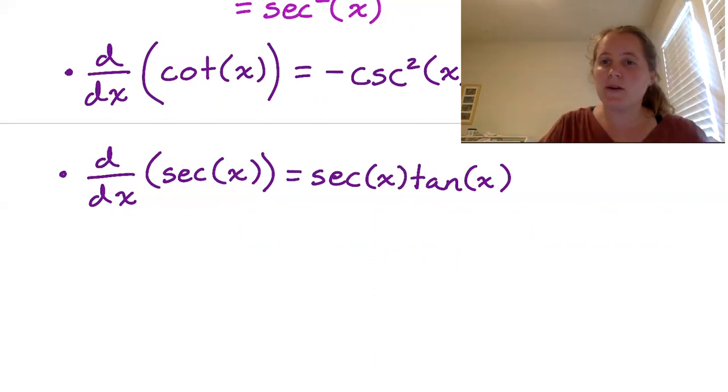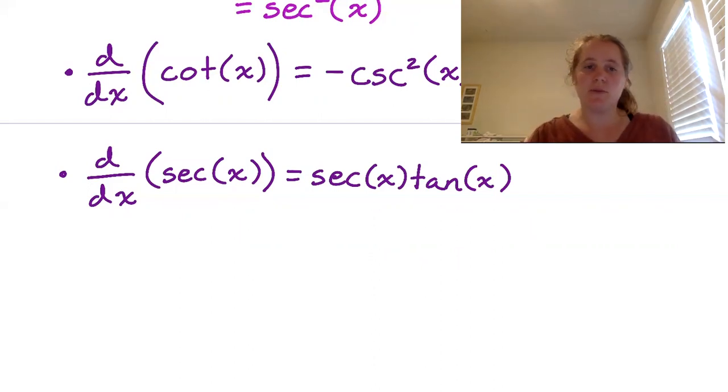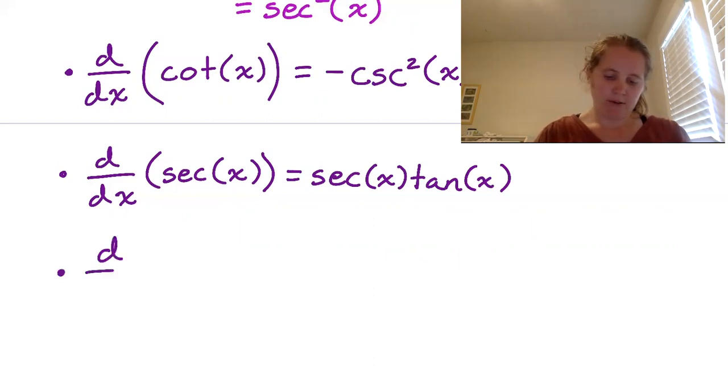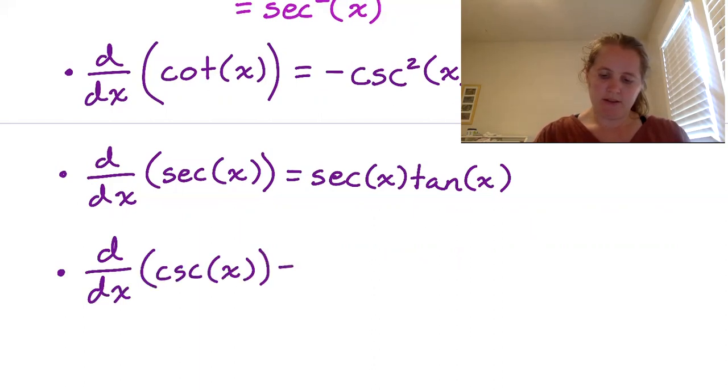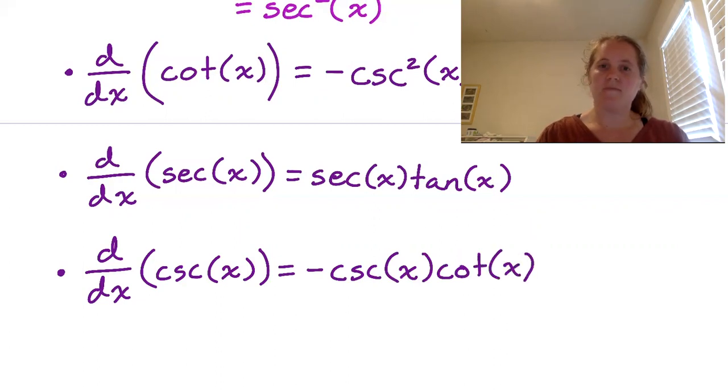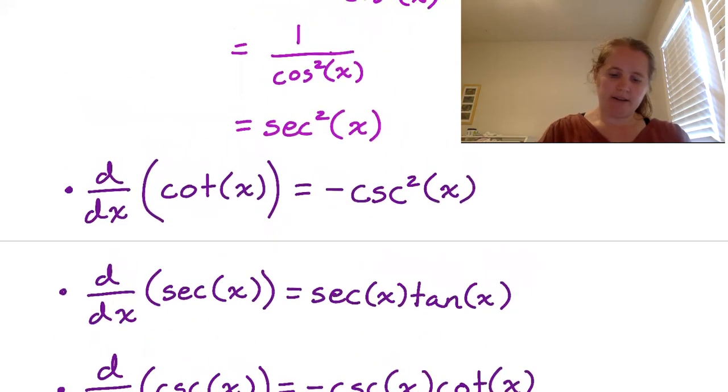Secant of x is 1 over cosine, so the quotient rule applies. And finally, the derivative of cosecant of x is equal to negative cosecant of x times cotangent of x. So again, these are all facts.